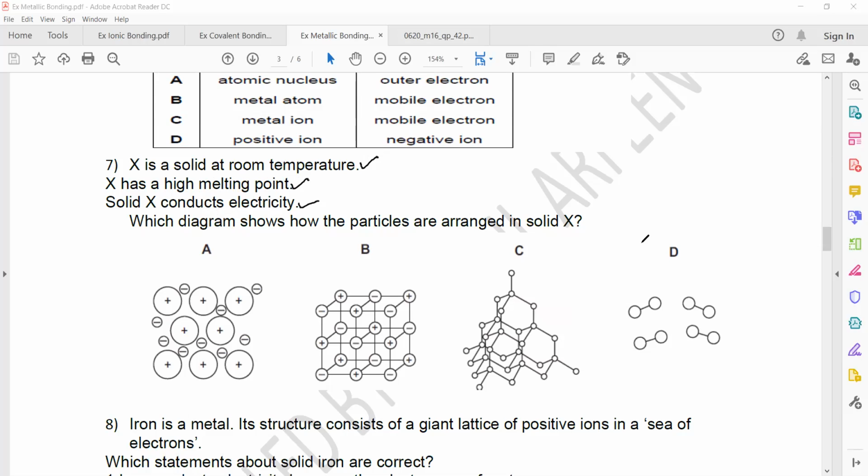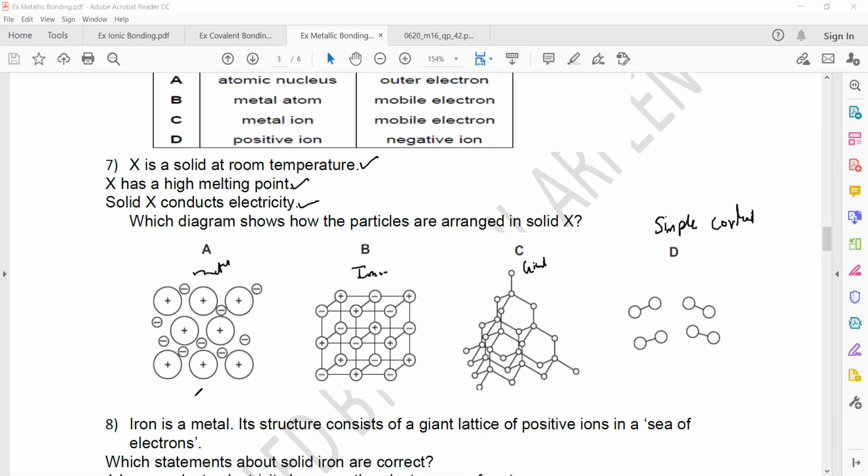Look, when you identify the structure, this one is a simple covalent or a molecular structure. This one is a structure of giant macromolecular covalent compound. And this is a structure of ionic compound. And this is a structure of the metal. Now you have to check which one having all the properties.